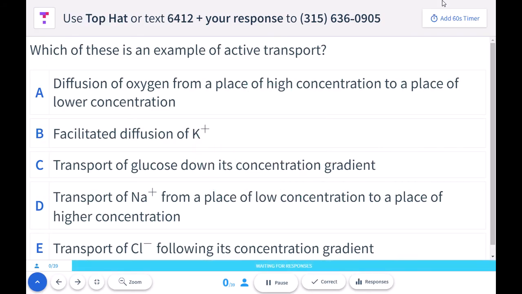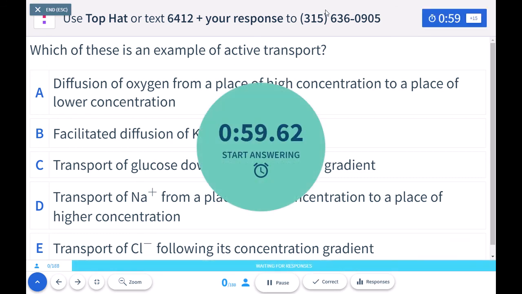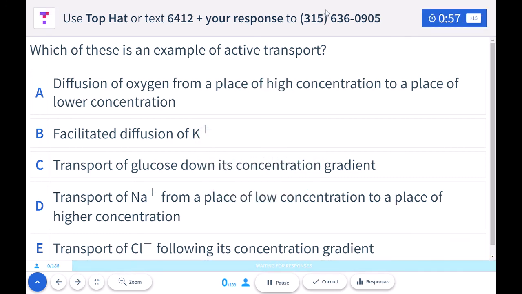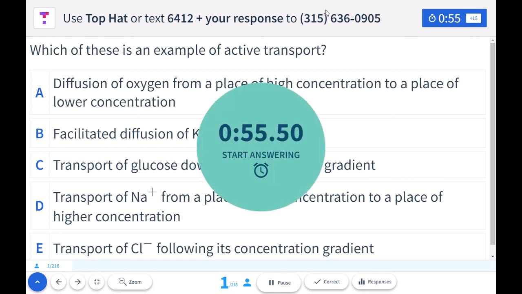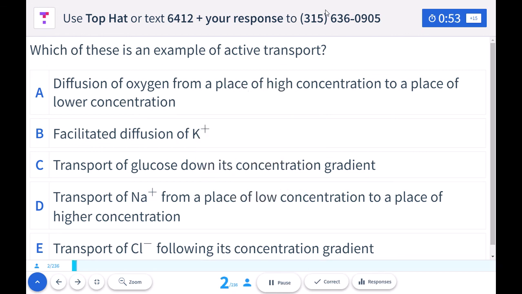So, let's test our comprehension. Which of these is an example of active transport? We have the diffusion of oxygen from a place of high concentration to a place of low concentration. We have facilitated diffusion of potassium.